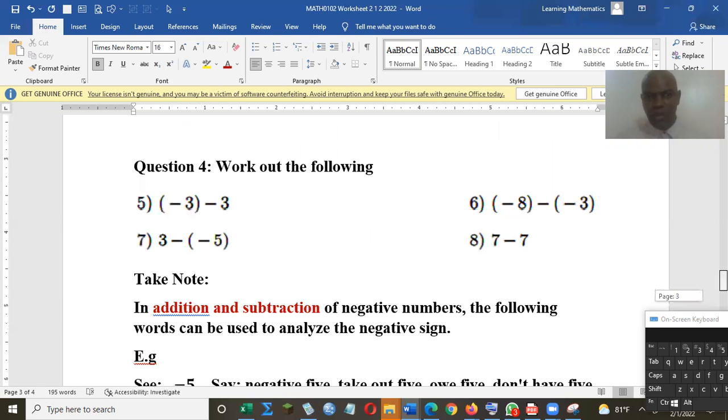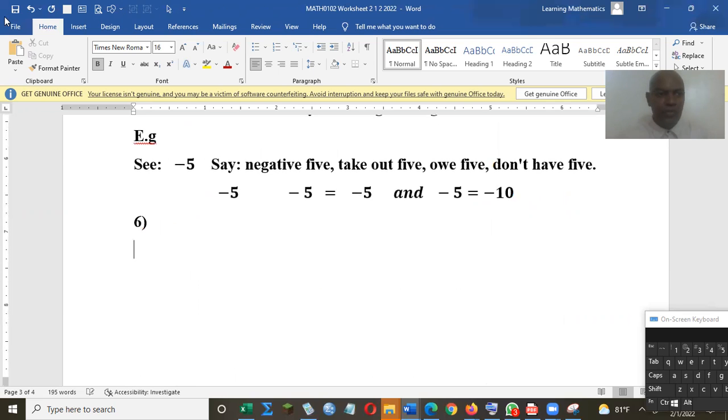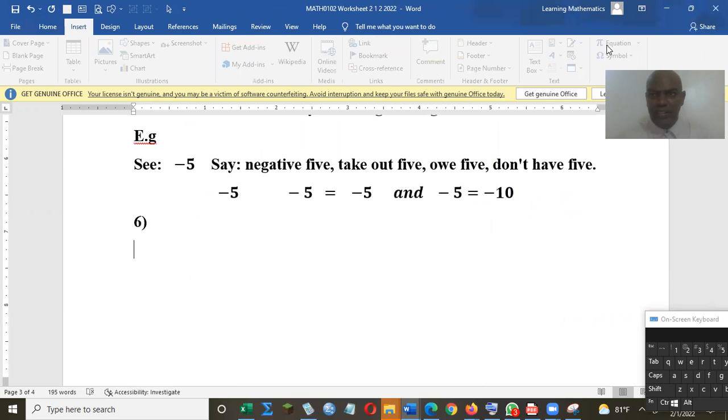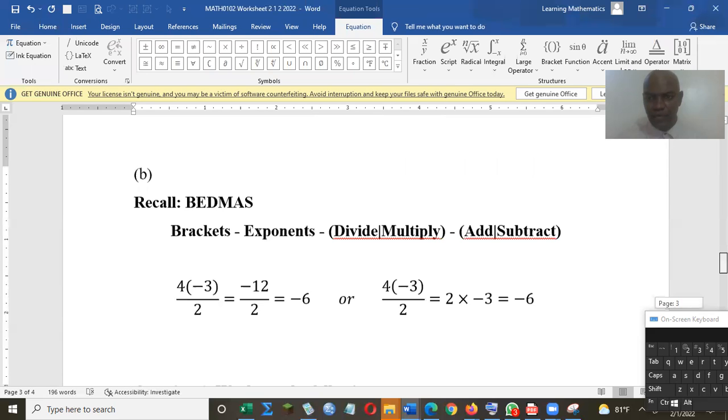We have an open bracket, and that's -8, minus a -3. So to insert, we go to equations. We have a bracket, -8, close bracket, we have a minus, open bracket, we have a -3, close bracket. Is that what we have? Let's just verify.